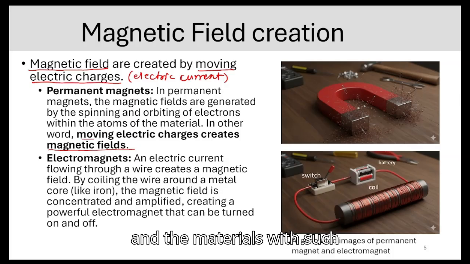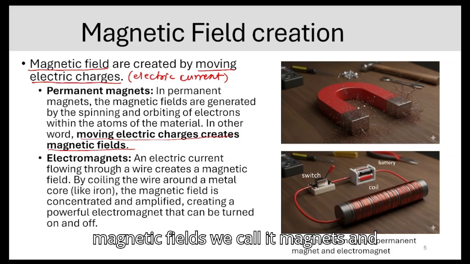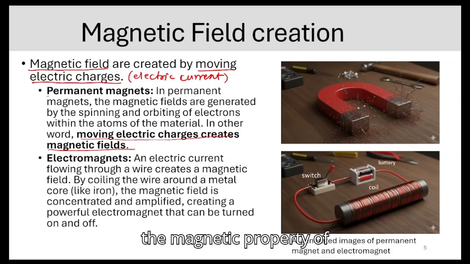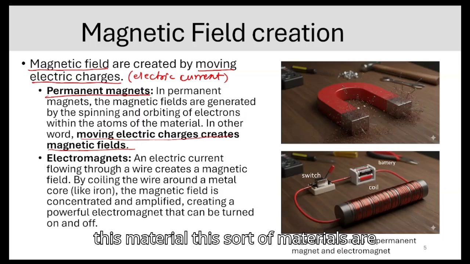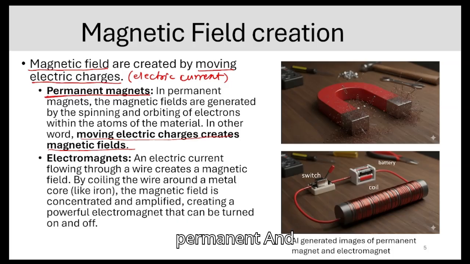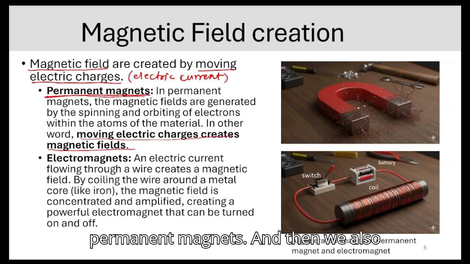And the materials with such magnetic fields, we call them magnets. And the magnetic property of this sort of materials is permanent, and as the name suggests, we call them permanent magnets.